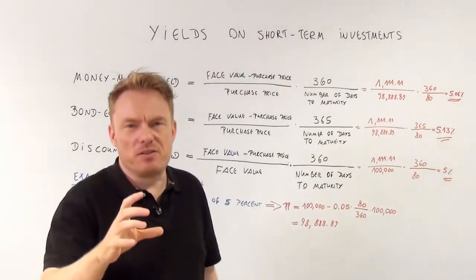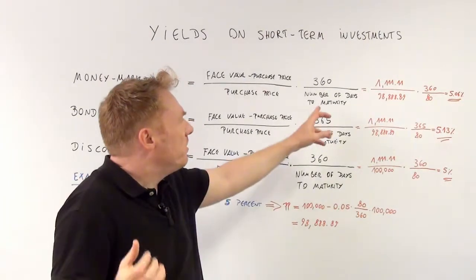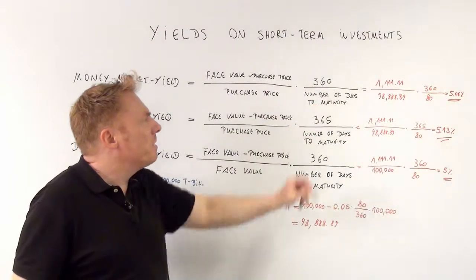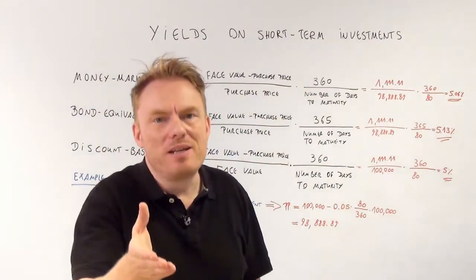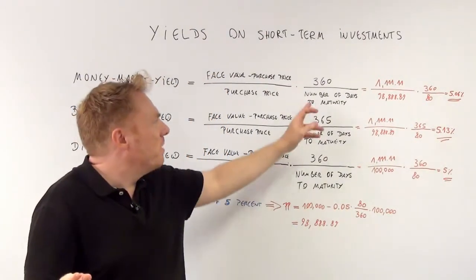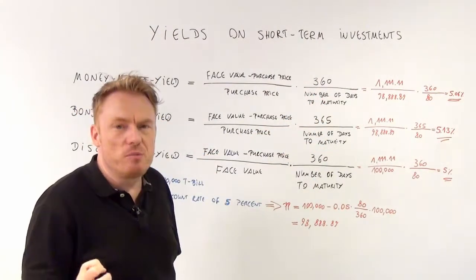Then we annualize it. We have to look at it as an interest rate per year, which means we multiply it by 360, if we look at it the way that a month counts as 30 days per month, divided by the number of days to maturity.